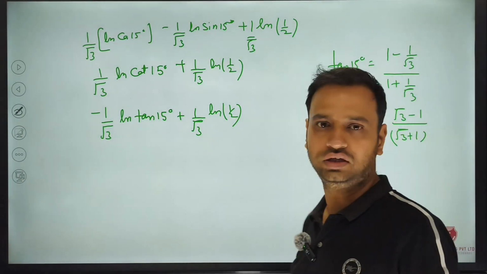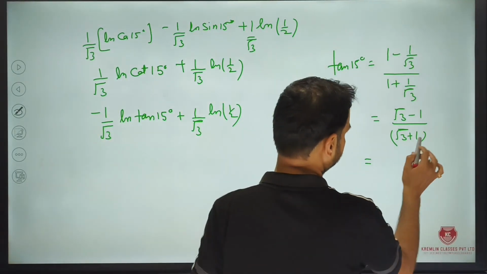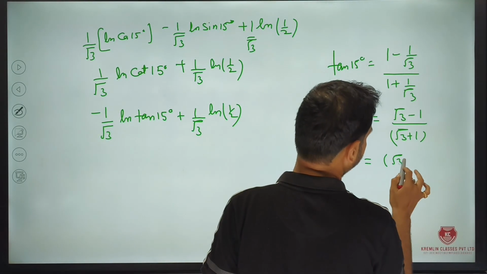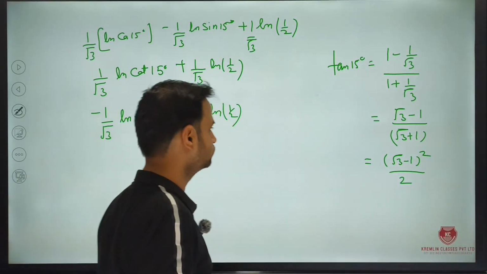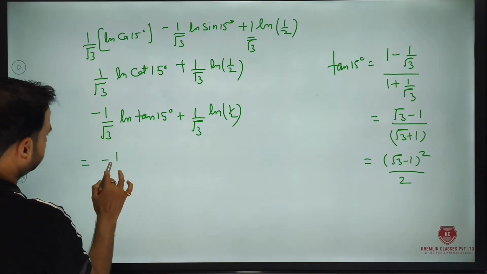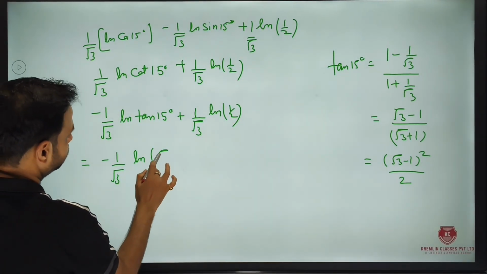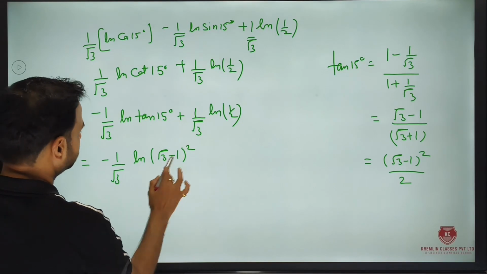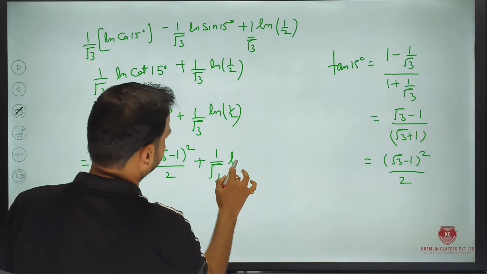So it is root 3 minus 1 whole square upon root 3 minus 1 whole times root 3 plus 1, which is 2. So minus 1 by root 3, it is ln root 3 minus 1 whole square upon 2, plus 1 by root 3 ln half.